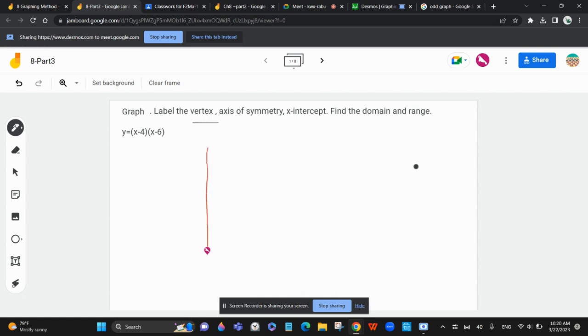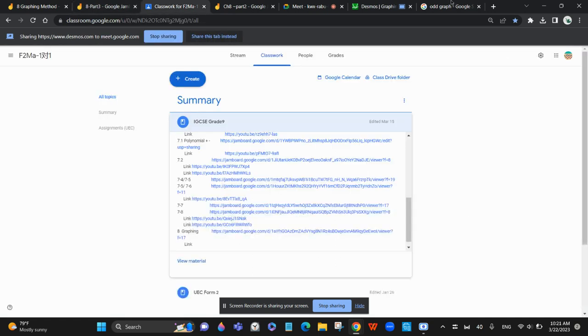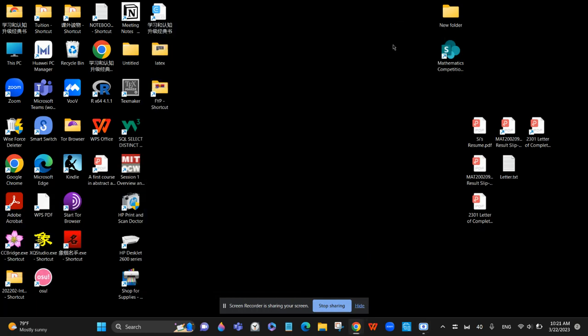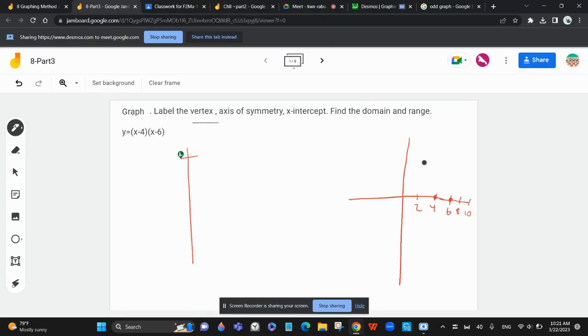Yeah, 4 and 6 are the roots. The vertex is at 5, I guess.